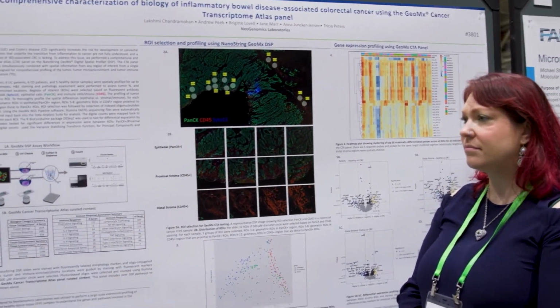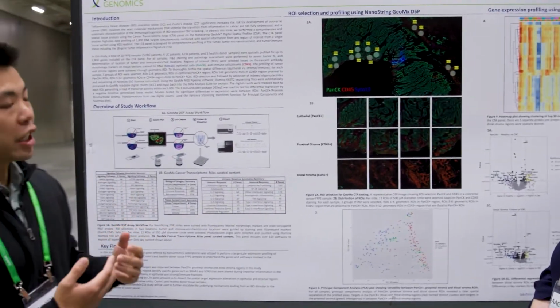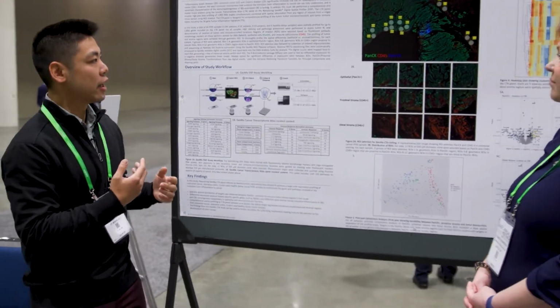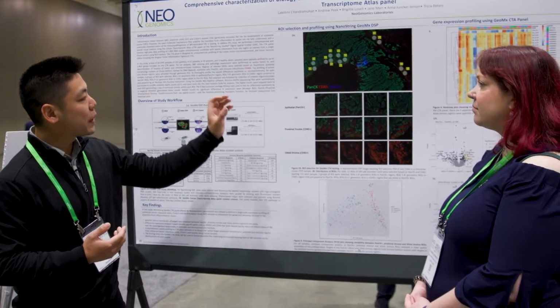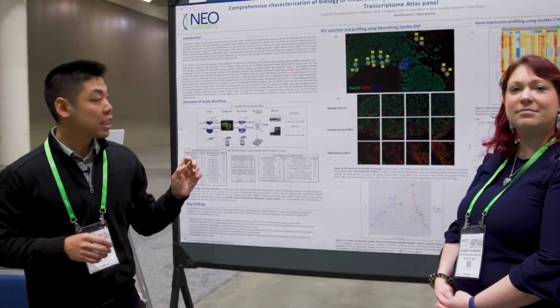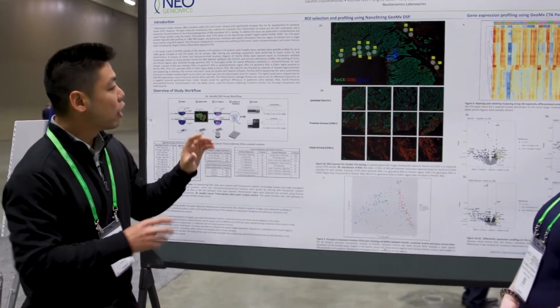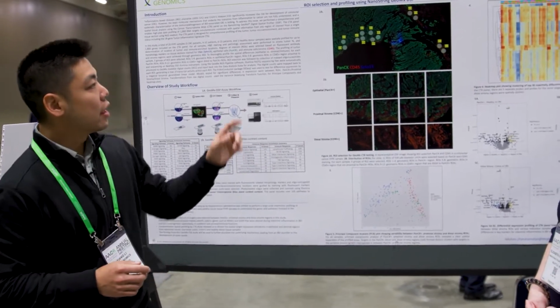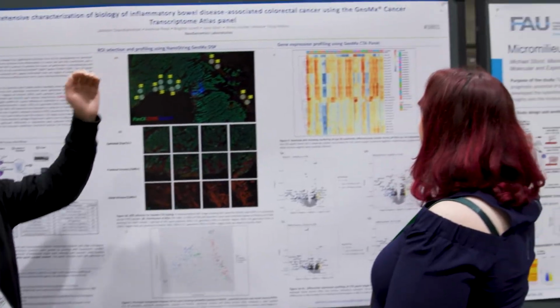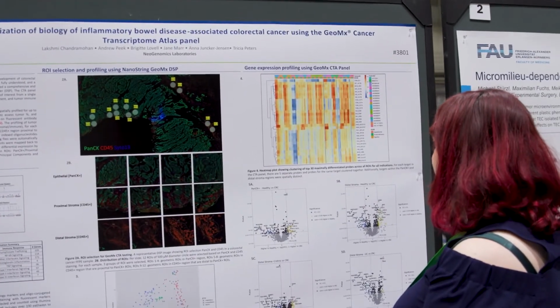And so doing this comprehensive gene profiling analysis with spatial context using DSP, we were able to do a lot of clustering within the ROIs that we selected. We did a heat map to really identify any gene profile patterns.